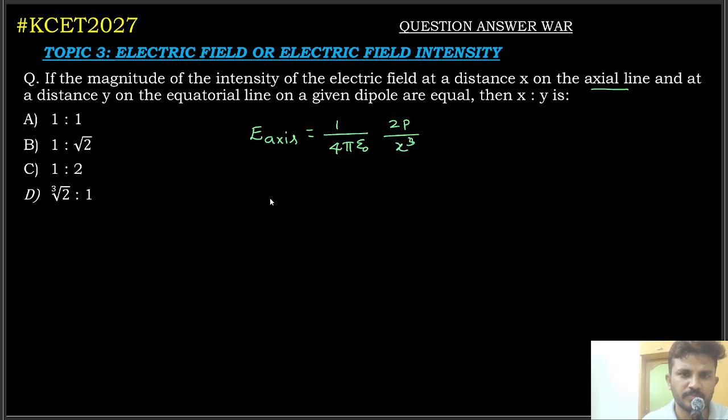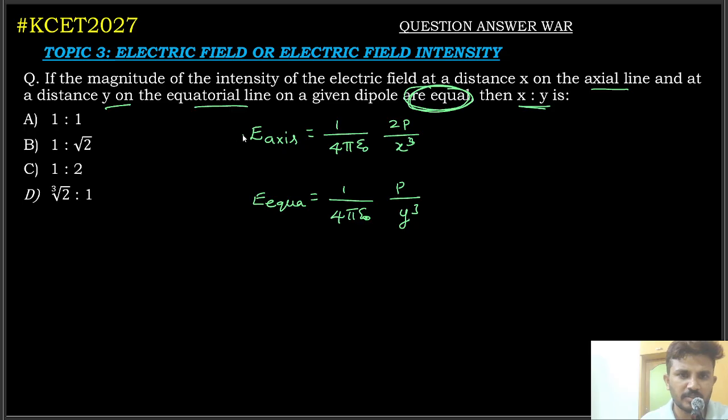This is the general formula. And E equatorial is given by 1 over 4 pi epsilon naught p by y cube. They are asking us to find the ratio of x and y, given E axial is equal to E equatorial.